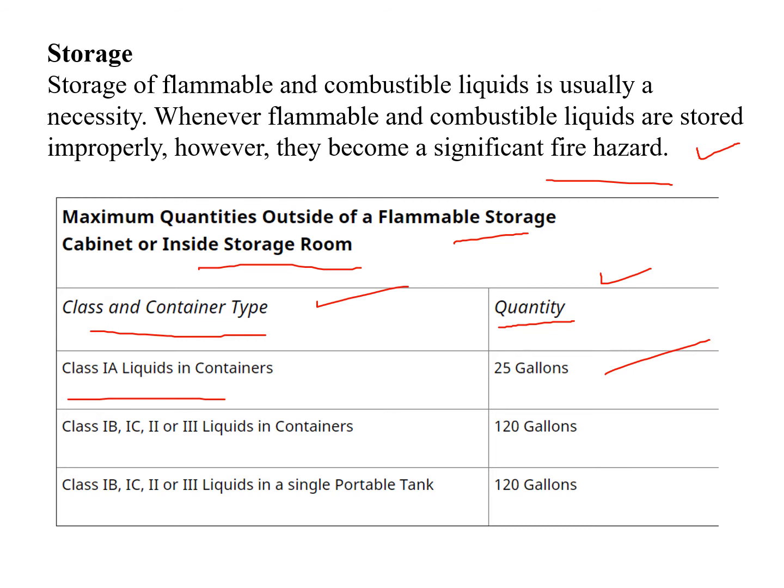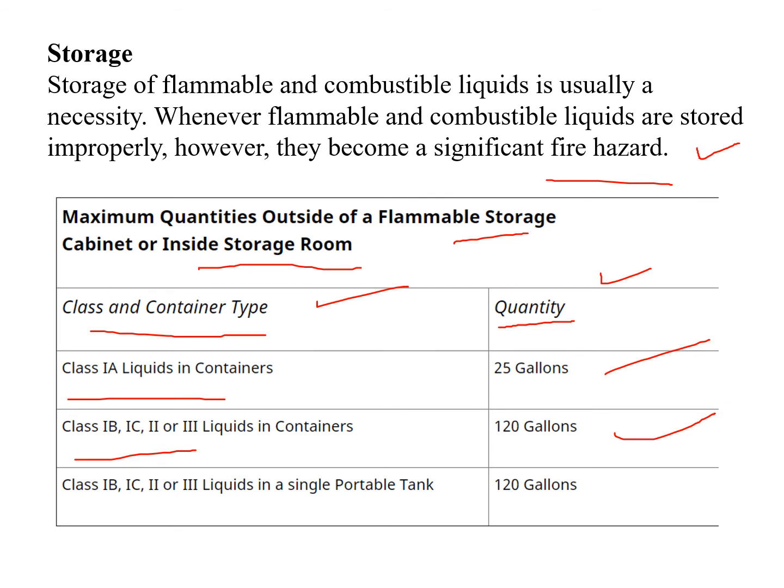And similarly class 1B, 1C, or class 2 and class 3 liquids containers can contain 120 gallons of liquids. Whether this is flammable or combustible, it's okay. But of course, according to these classes, we can see which liquid this is.